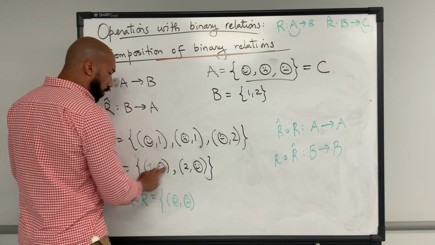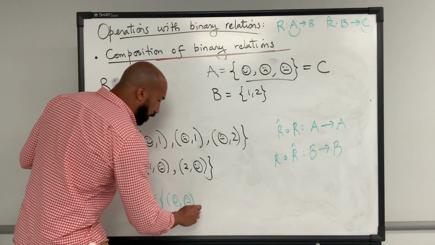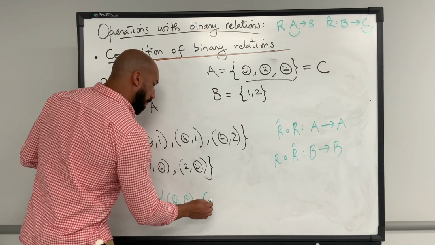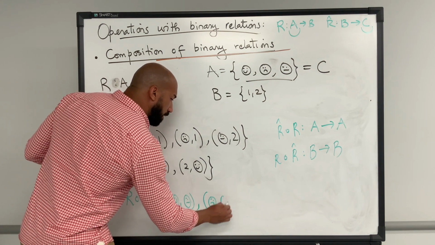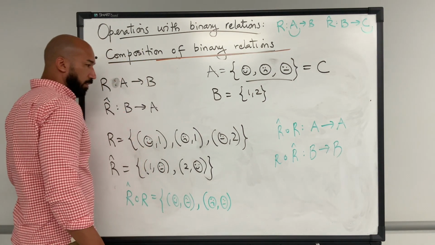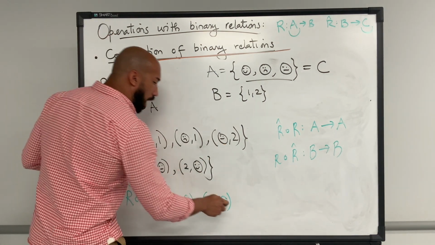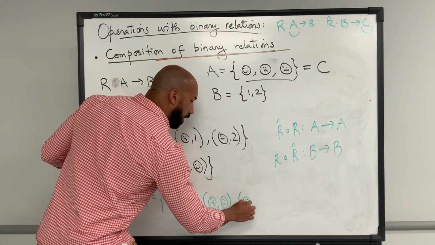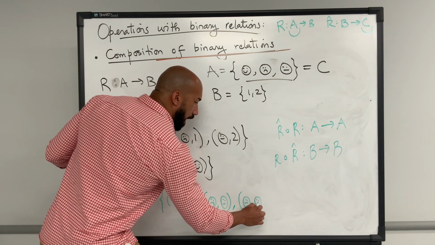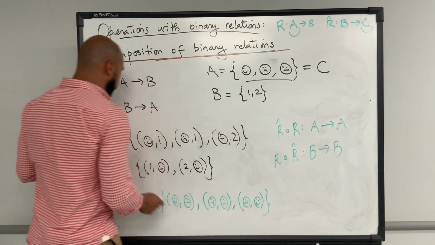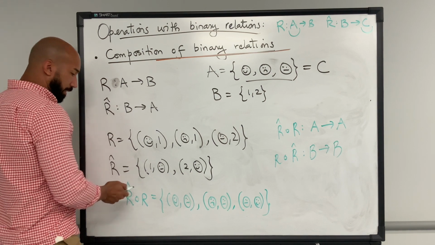Now sad face is connected to 1, 1 is connected to indifferent face, so this is also producing (sad face, indifferent face). And finally, indifferent face is connected to 2, 2 is connected to happy face, which is producing the pair (indifferent face, happy face). And this is the composition R composite R hat.